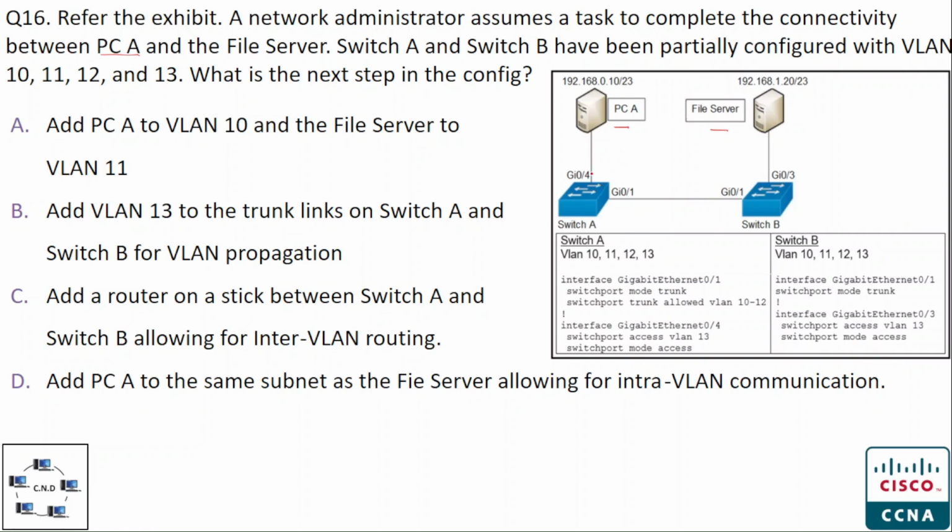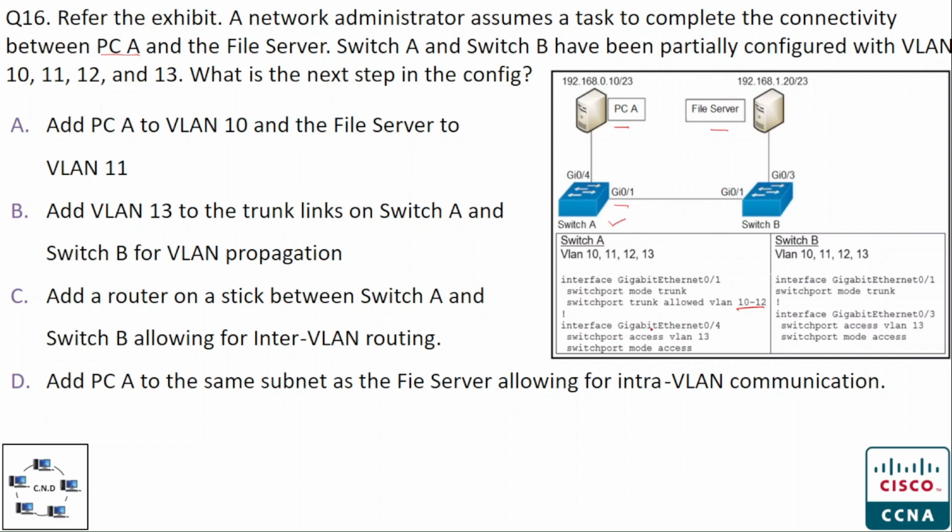PC A is connected to switch A while the server is connected to switch B. Switch A and switch B have been partially configured with VLANs 10, 11, 12, and 13. What is the next step in the configuration? We have this configuration on switch A: VLANs 10, 11, 12, 13, and interface Gigabit 0/1. This interface is configured as a trunk, and VLANs 10 to 12 are allowed on this trunk port. This is switch A.